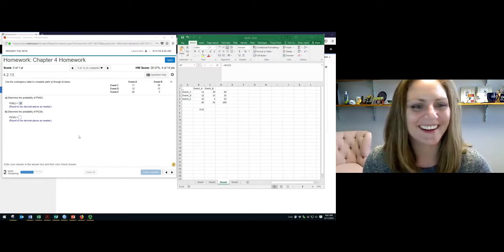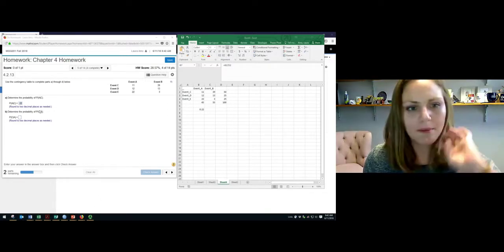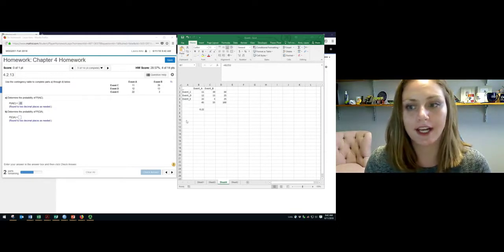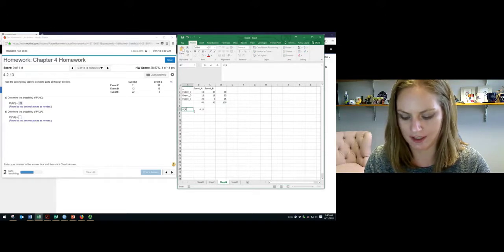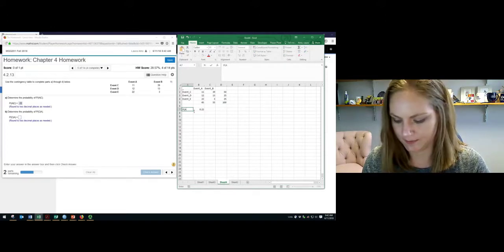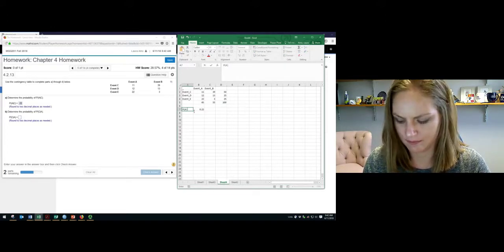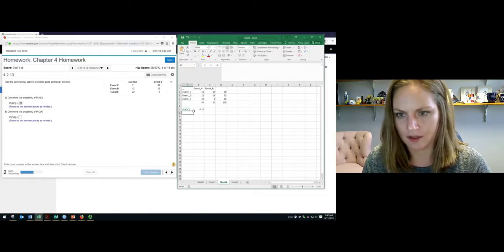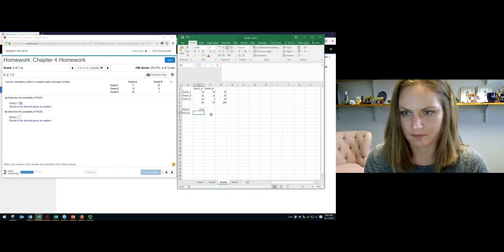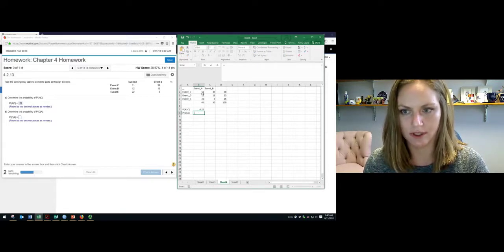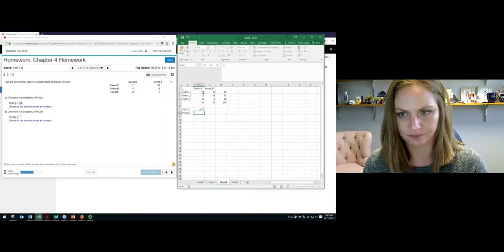Now let's determine the probability of C given A. This is the probability of A given C, and the probability of C given A. Now what we're going to do is we're really only interested in this particular column.